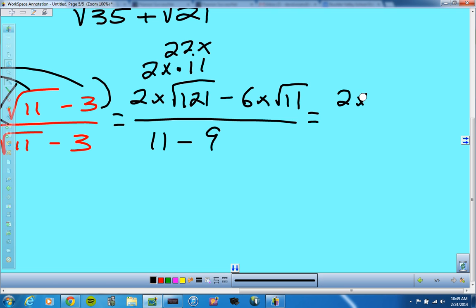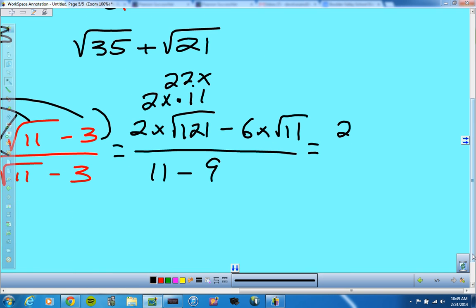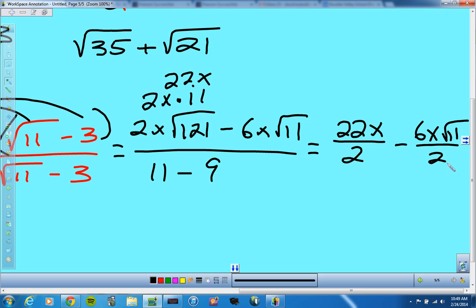So we have 22x over 2 minus 6x root 11 over 2. And then you just got to reduce those two fractions. So it becomes 11x minus 3x root 11.